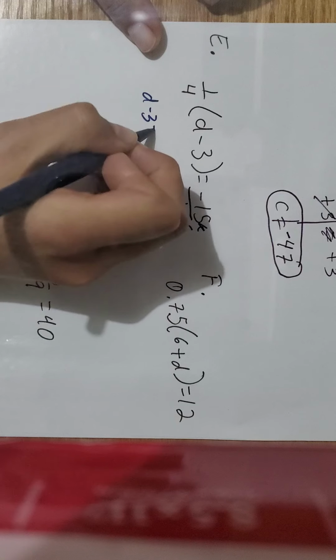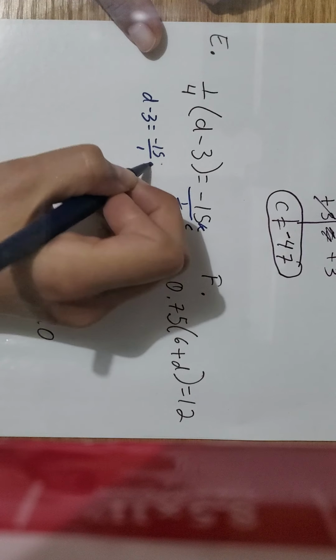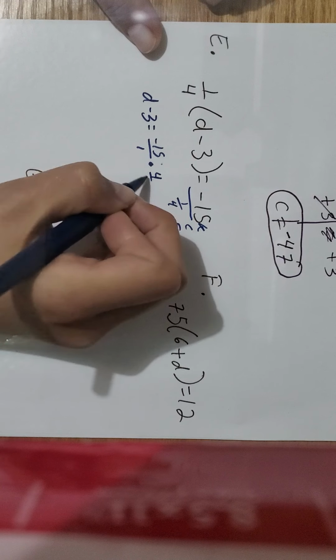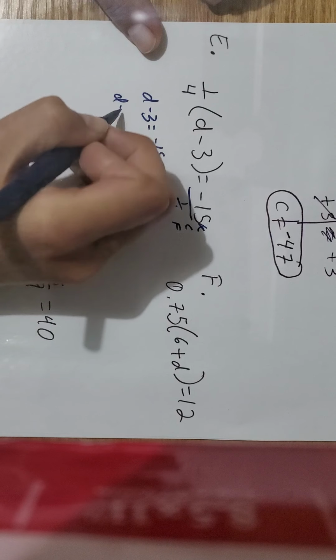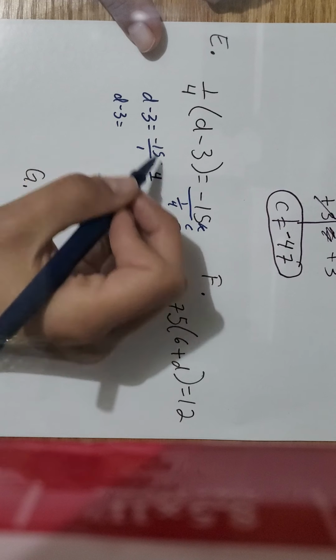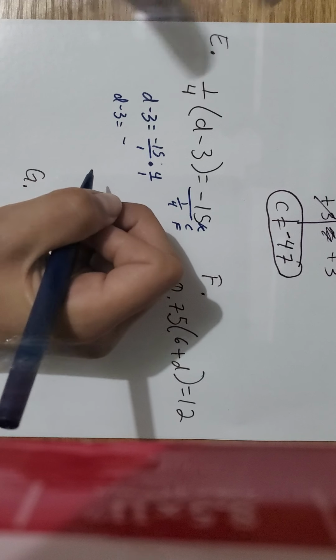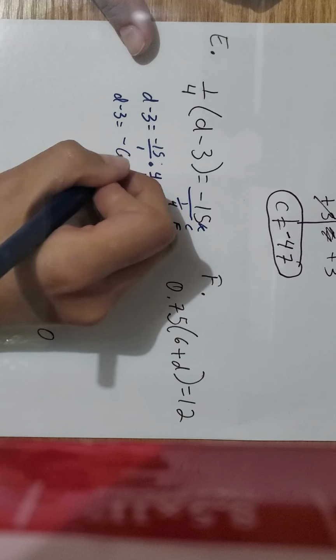giving you d minus 3 equals negative 15 over 1 times 4 over 1. Okay. Then you would have simplified this situation. So negative times a positive equals a negative. 15 times 4 equals 60.